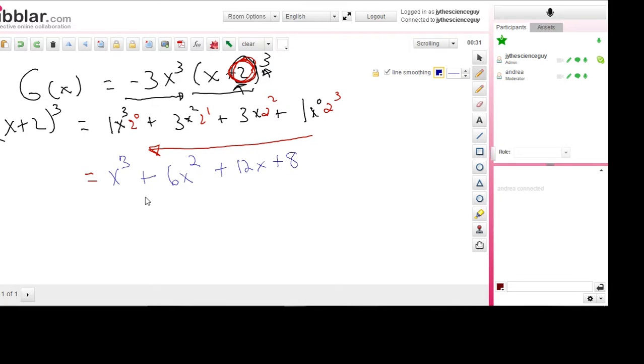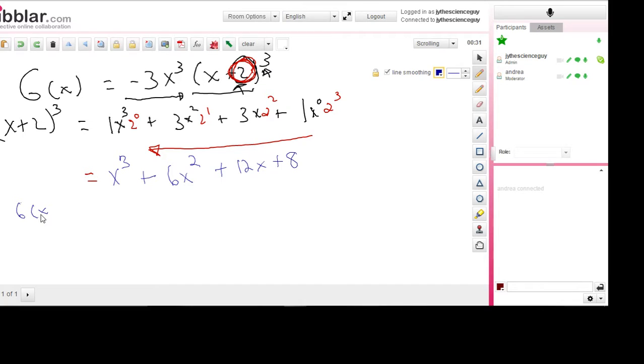So now, if I actually want to write my g of x, then I have to take negative 3x cubed times the polynomial that I just wrote. So distribute that for me. Okay.